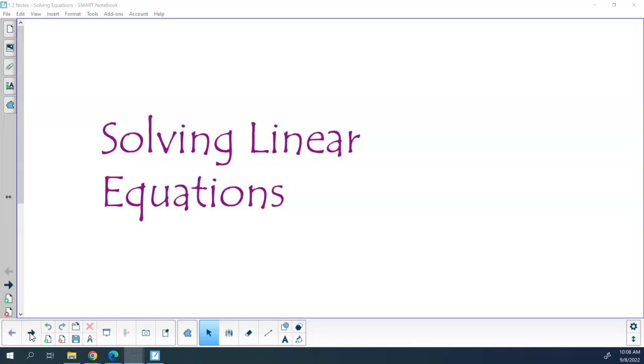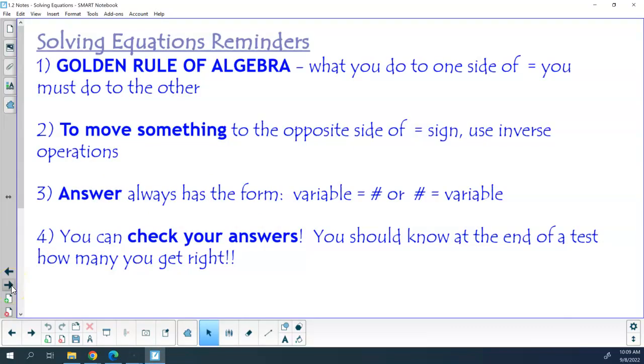That's what we're doing. Now, in order to do that, we've got to follow certain rules, which is fine. We can follow the rules of math. We like math. Math is the coolest. That's why I teach it. It's so cool. So the first rule of math is the golden rule of algebra.